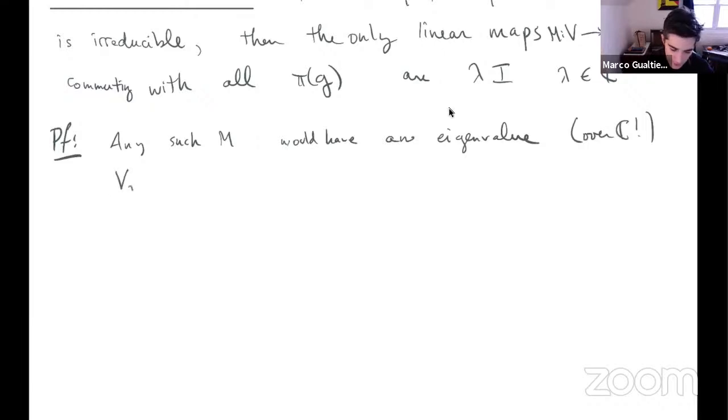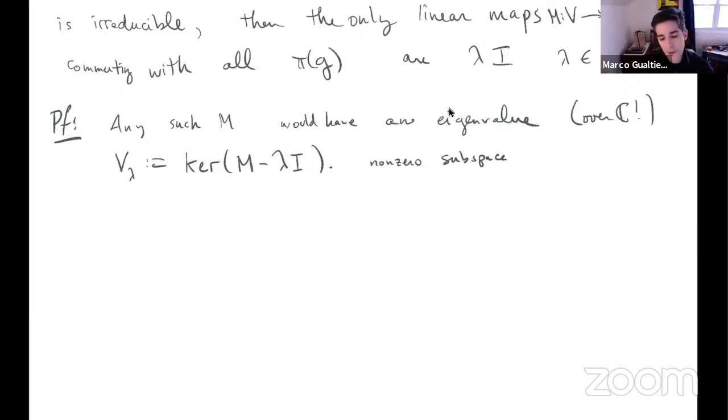So let V lambda be this eigenspace. This is a non-zero subspace. Okay, but now the problem is that this subspace is determined by M, right? But everything in G, all of the matrices in the representation, they're assumed to commute with M.